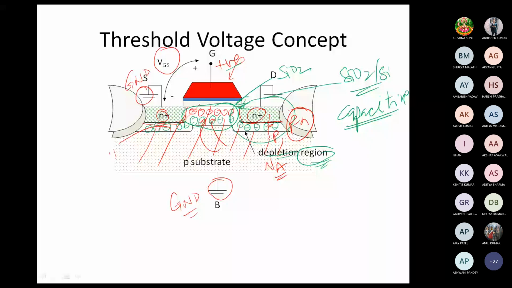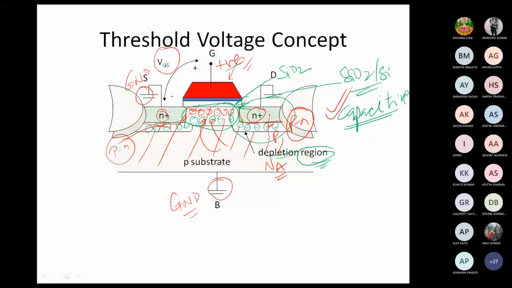But under the gate there is the capacitive effect which exists here and is responsible for this action, because of which this depletion region appears. If one keeps on increasing this positive gate voltage, then after a time electrons don't find acceptor atoms with which they can combine, but they start building up here in the form of a thin layer.